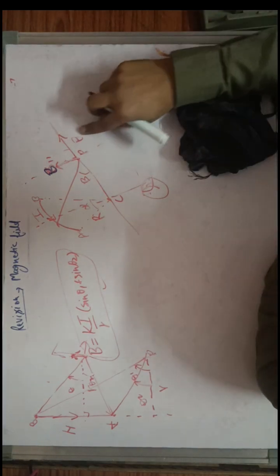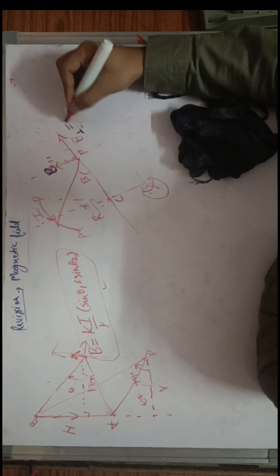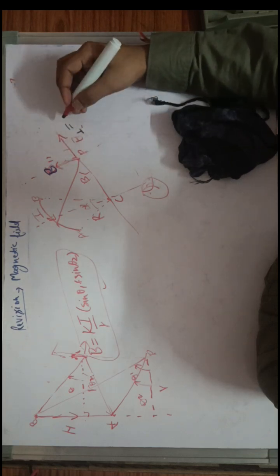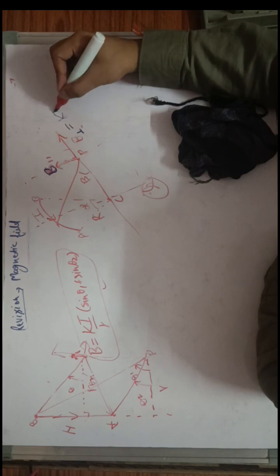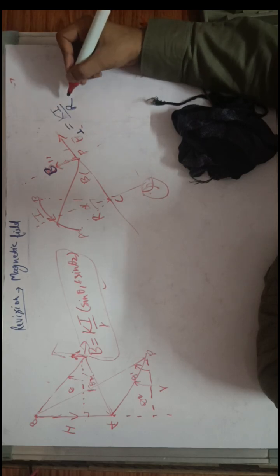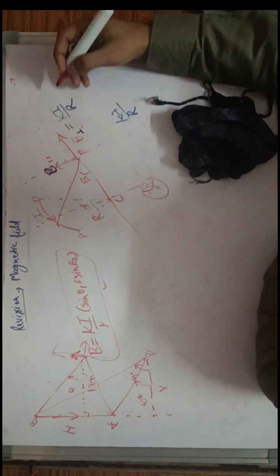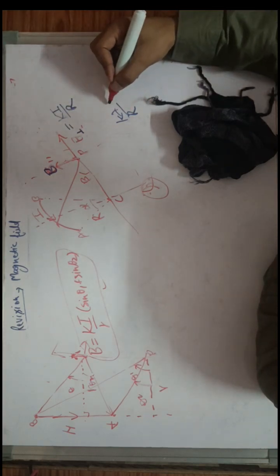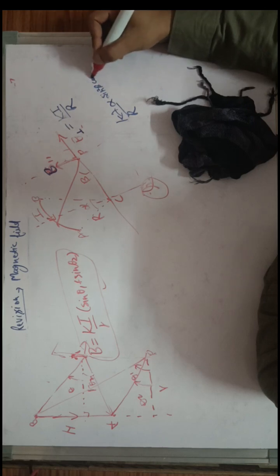Now this B parallel: in case of electric field, these formulas are similar to the electric field formulas. There is only a little difference. The formula in this case would look like K I divided by R. In case of electric field, we had K lambda by R, and for E perpendicular we had alpha, sine square beta cos beta.